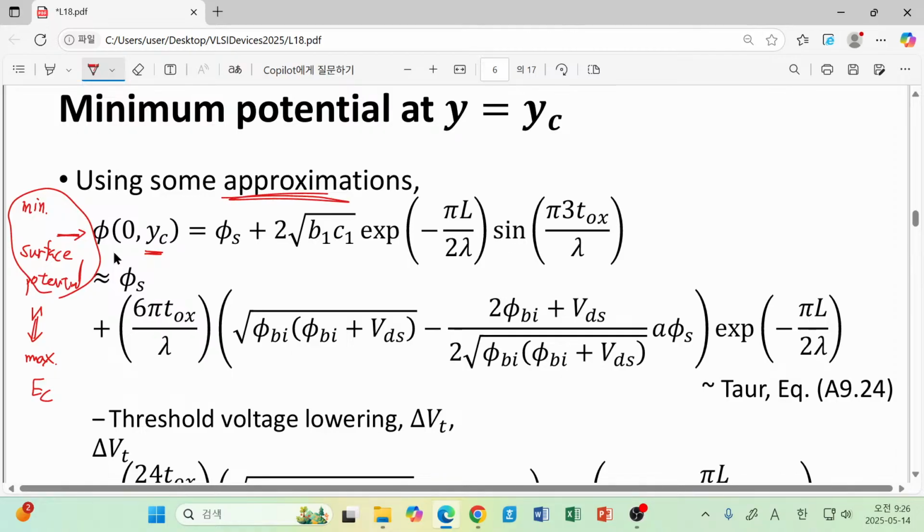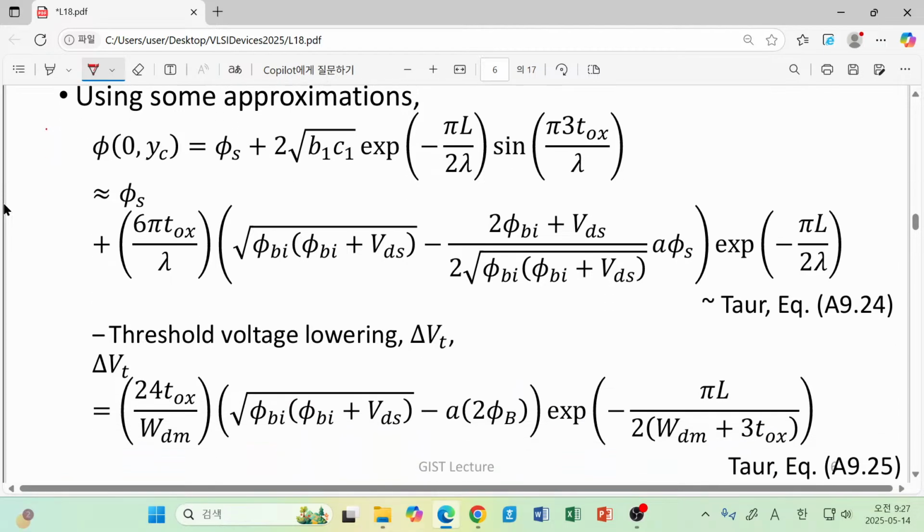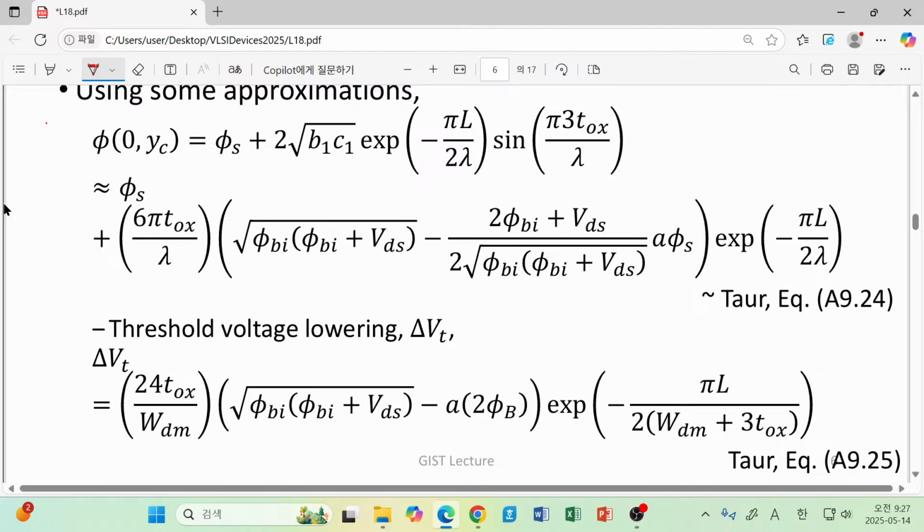Please do it by yourself. Then you will get the expression shown here. Also, here I say that this corresponds to Professor Tower's equation A9.24 in his second edition.